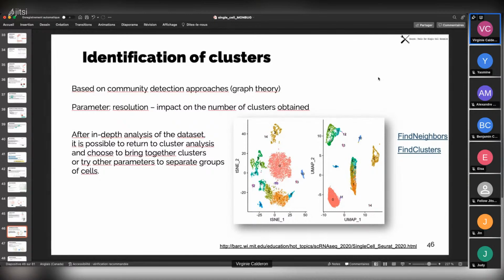So sometimes it takes a long time and a lot of iteration before finding the right division of cells on this projection. For this, there are two functions in snATAC called find neighbors and find clusters to be able to associate each group of cells to a cluster.